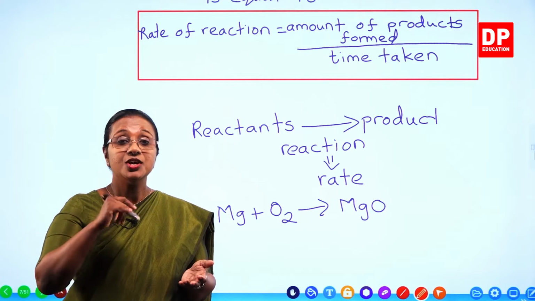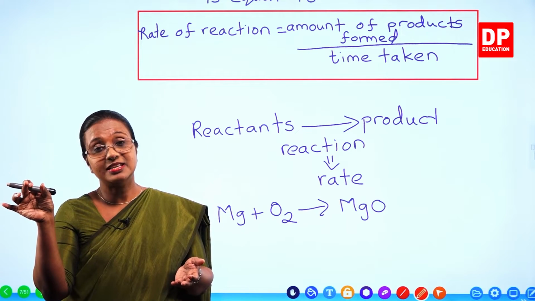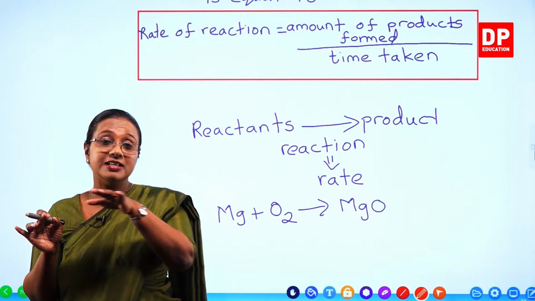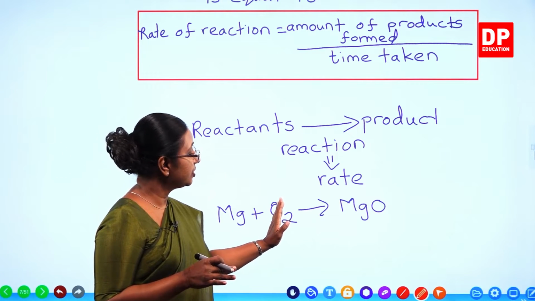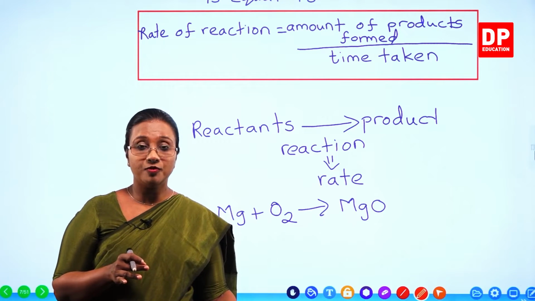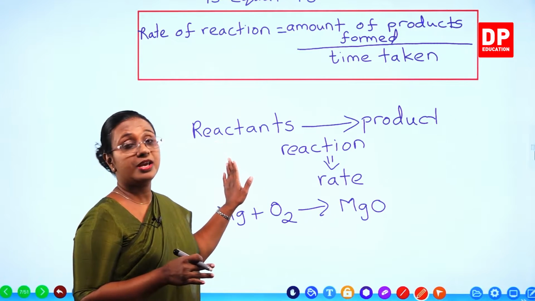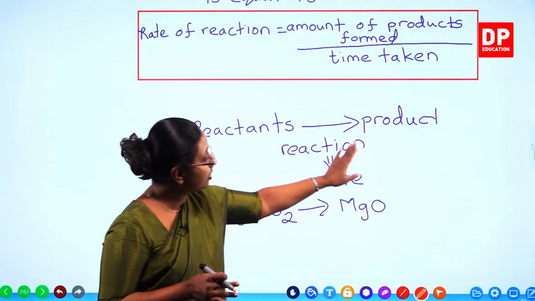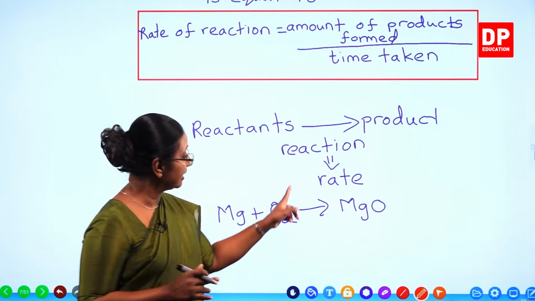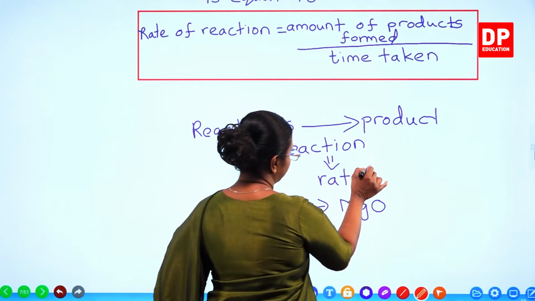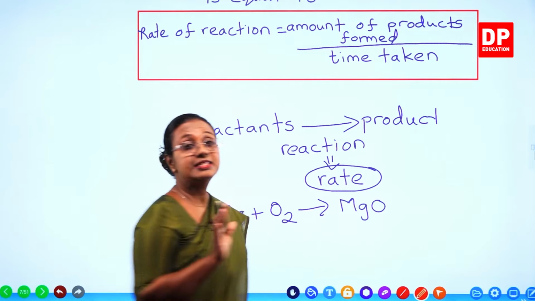As it burns, you can see the size of magnesium decreasing and the magnesium oxide increasing. So, as the reactants are used up, the products are formed. The rate at which reactants are used up is equal to the rate at which the products are formed, and that is the rate of reaction. Is that clear to you all?